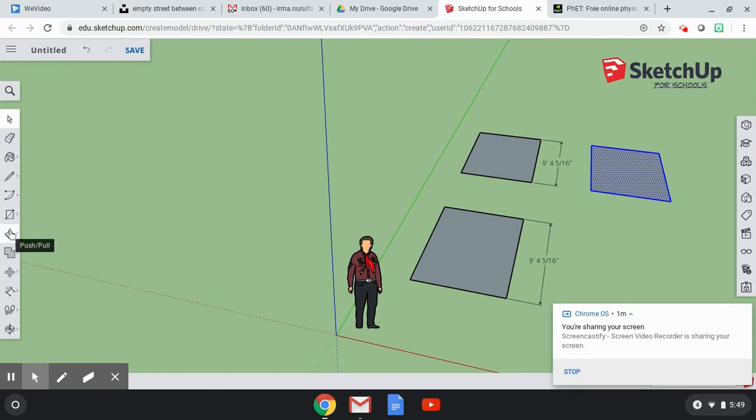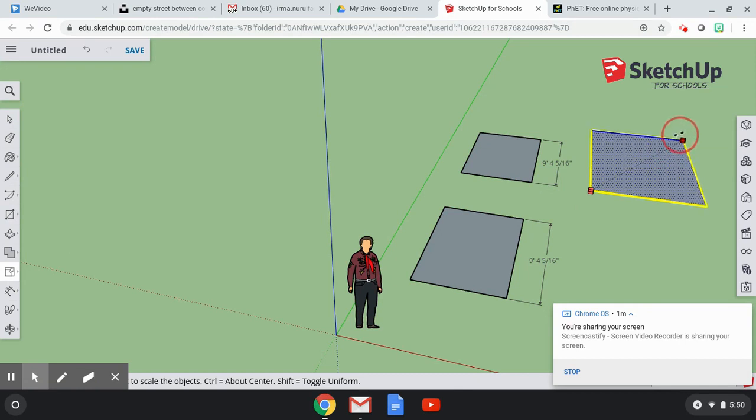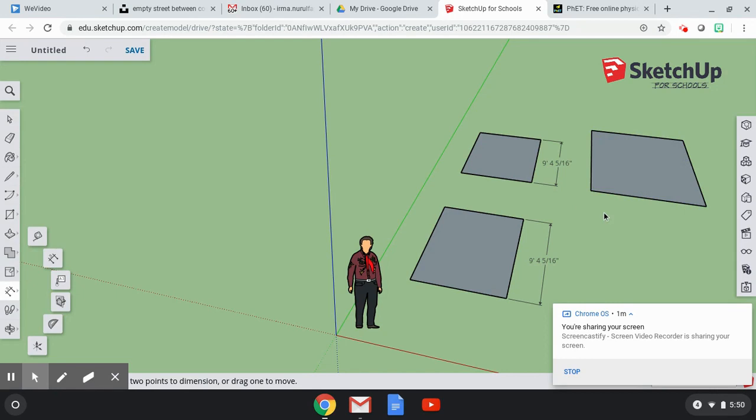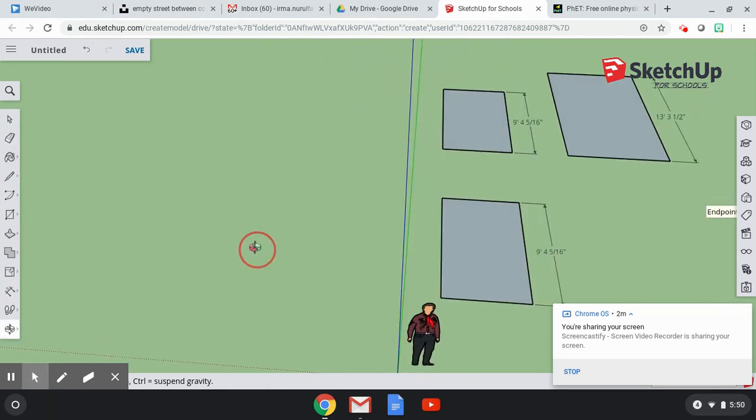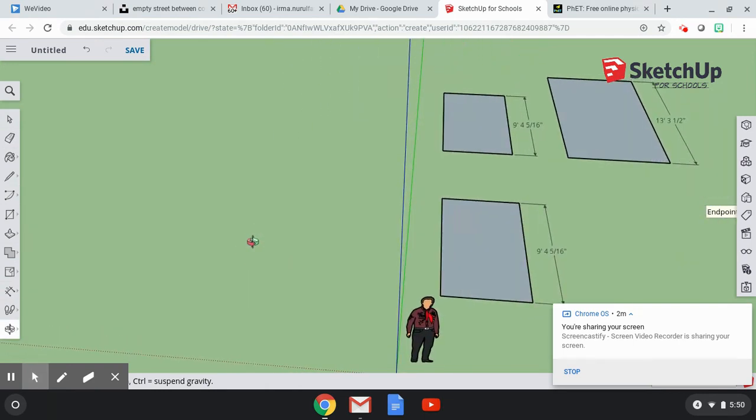Then we scale it. We try to scale it. Now we have a similar rectangle, but not the same size. We see that both rectangles have the same form, but they don't have the same size.